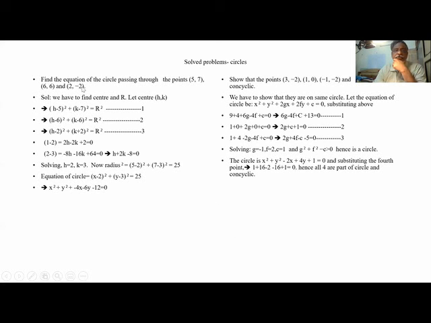So 3 points are given on the circle and we find the equation of the circle. As I said, let (h, k) be the center of the circle. So we find the distance between the center and all the 3 points. When I solve these 3 equations, I get h and k.